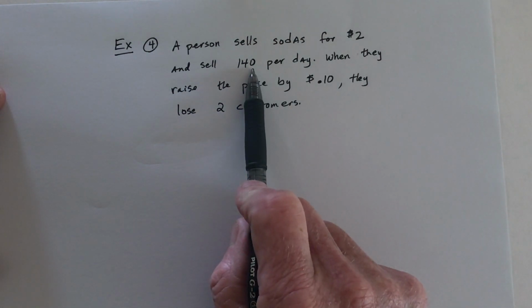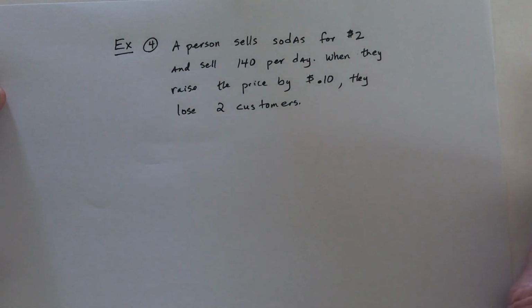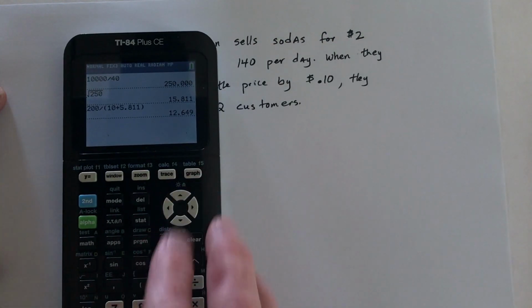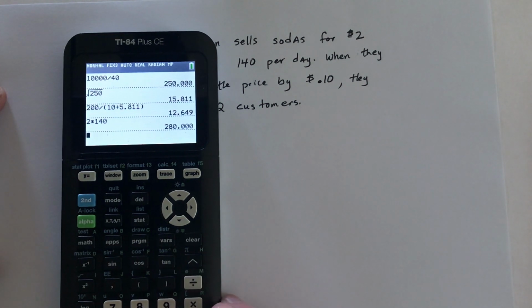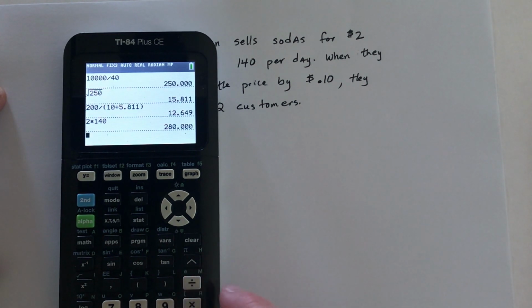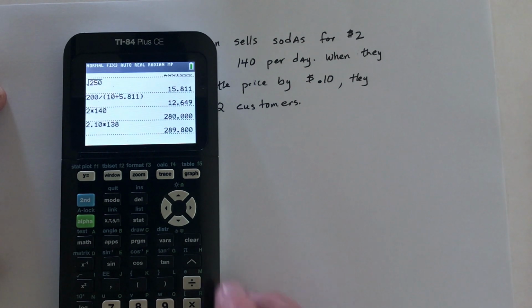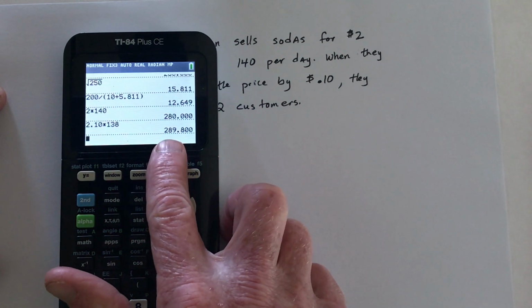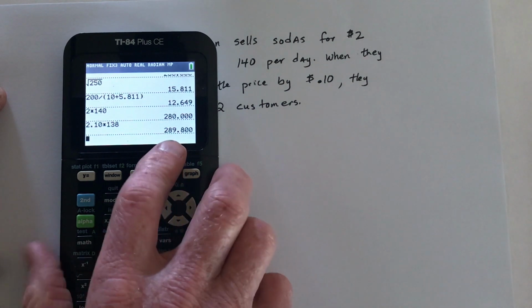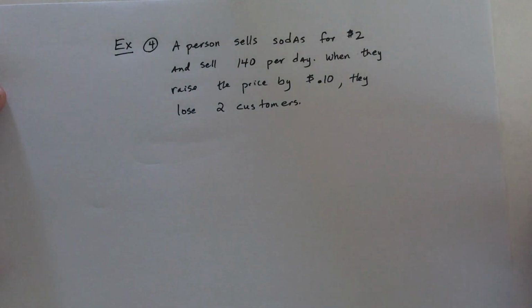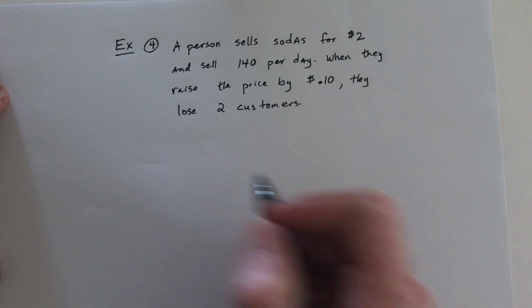Then they're only going to sell 138. So just looking at the math real quick, 2 times 140 means they'd make $280 off of the soda. If they raise it up to $2.10, they will sell 138. So they'll make almost $290. So they'll make an extra $9.80. So that's the idea.